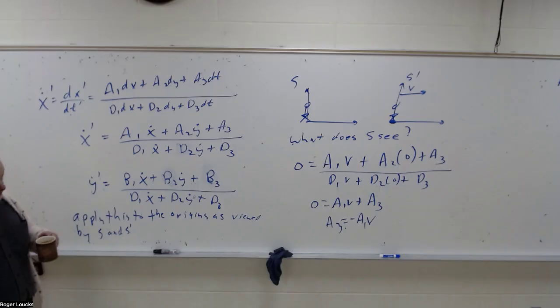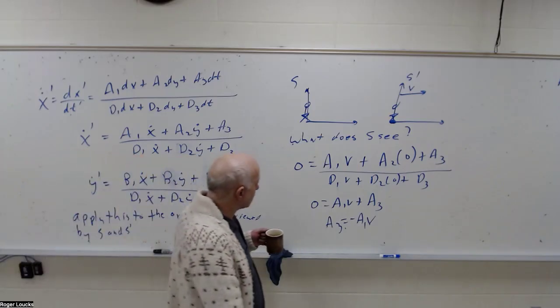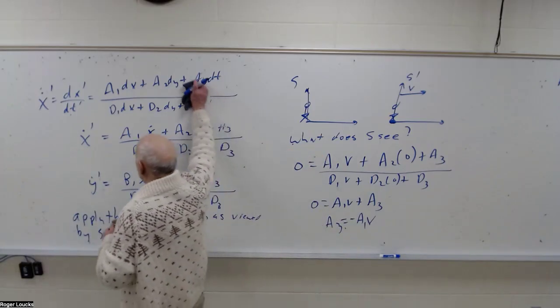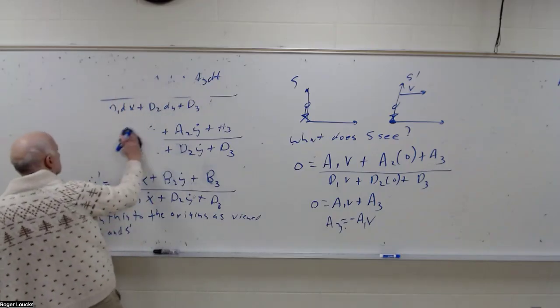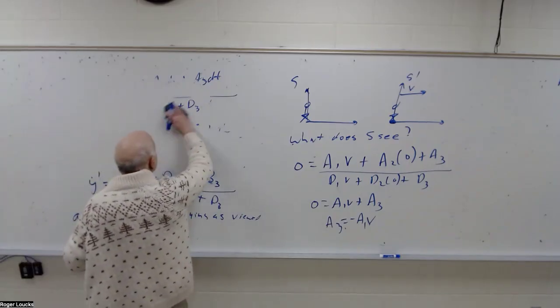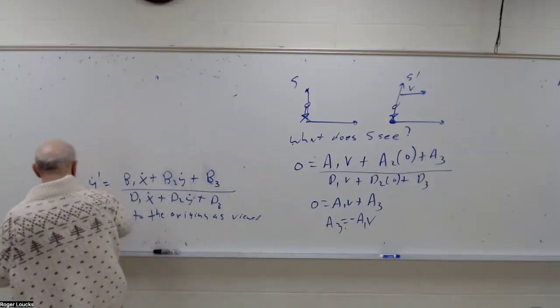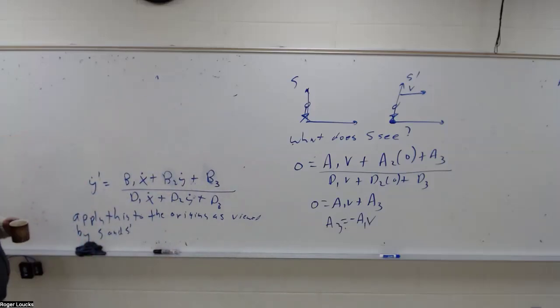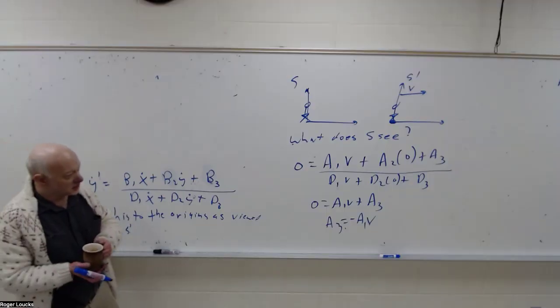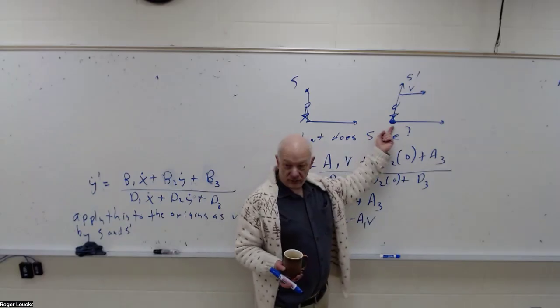Okay, now let's do the same thing for the y. What does y give me? If you live in S prime, what is your y dot, the origin? 0. If you live here, you don't see this moving at all.